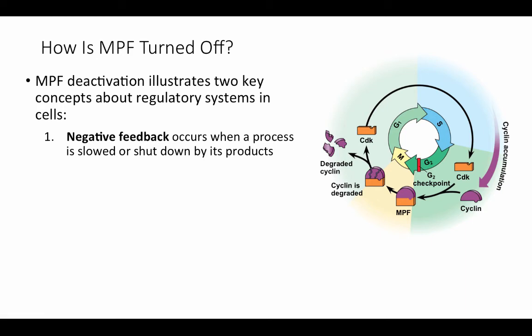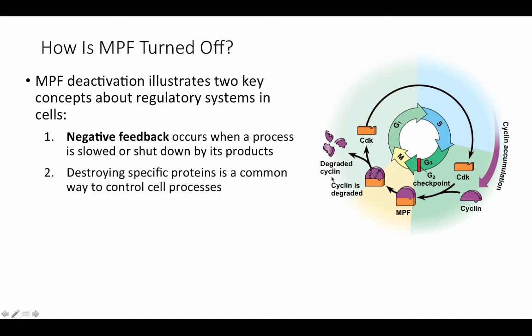So when the products begin to accumulate, it's going to shut down the whole system. And then the second concept is that destroying specific proteins is a common way to control cell processes. So if something depends on a protein and we just degrade that protein as we go and create new ones, that's going to create an immediate stop if we just stop producing that protein.